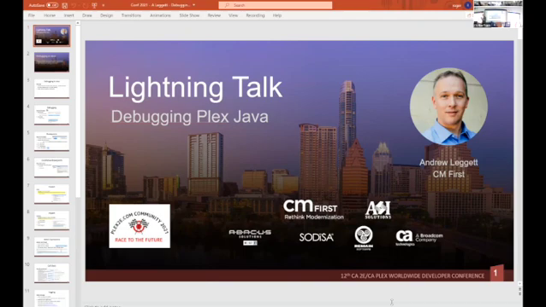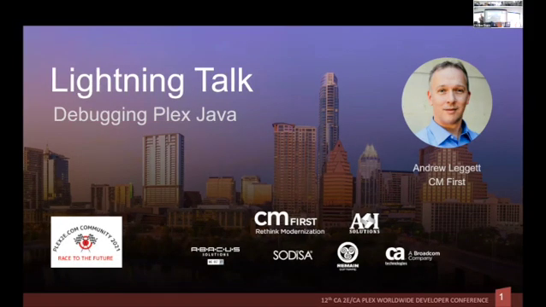Okay, and I'll just go full screen. For those that saw the previous session, I did a brief debugging JavaScript. So now I'll be talking about debugging Plex Java using Eclipse.